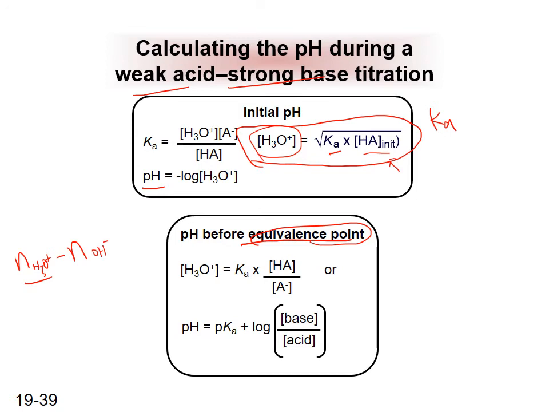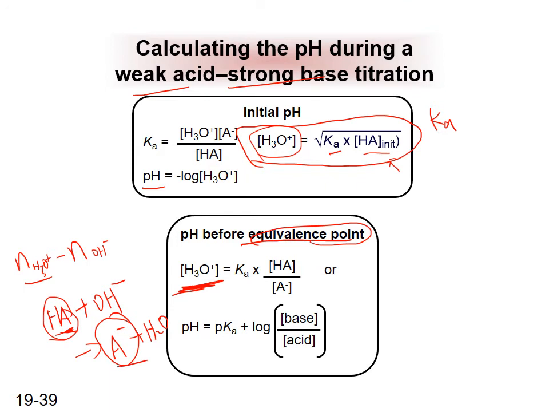So how do we do that? Well, we realize that whenever hydroxide is added to the solution, it reacts with the acid to form the conjugate base plus water. So before the equivalence point, we have a mixture of acid and conjugate base, and that's the buffer region. We already learned the equation to calculate hydrogen ion in a buffer solution, where the acid and conjugate base pair is directly related to the ratio of the acid over the base.